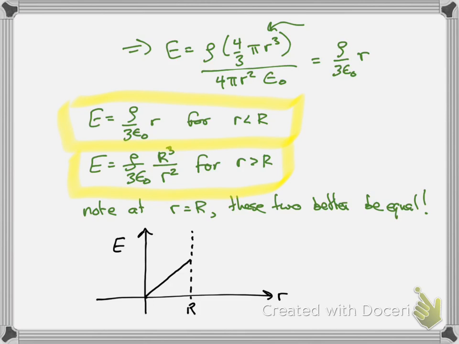It falls off as 1 over r squared. So the field looks like that. So this is a graph of the electric field in and outside an insulating sphere of constant charge density rho.